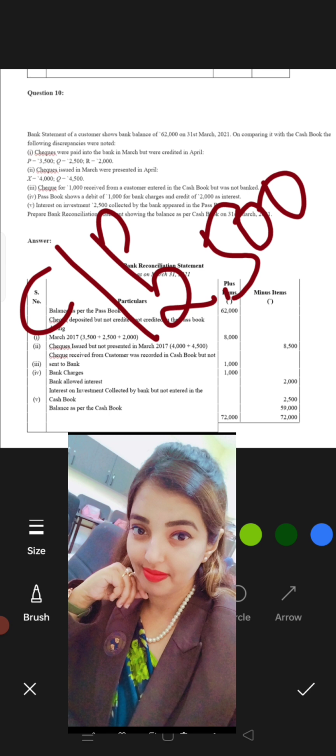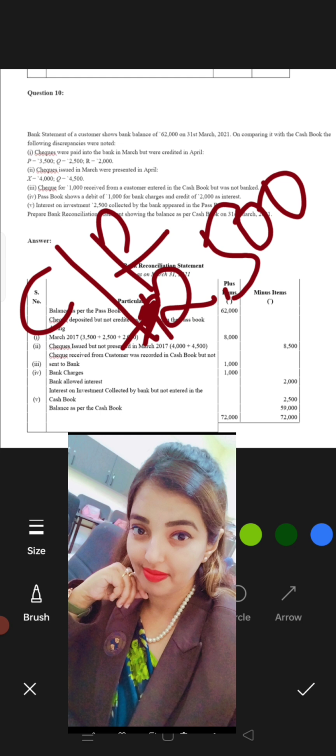But in the cash book it's not recorded and you will be following whatever the cash book does. Then this will not be plus, it will be minus. Earlier it was plus because it was 2,500 collected by bank. You recorded plus 2,500 in the passbook.